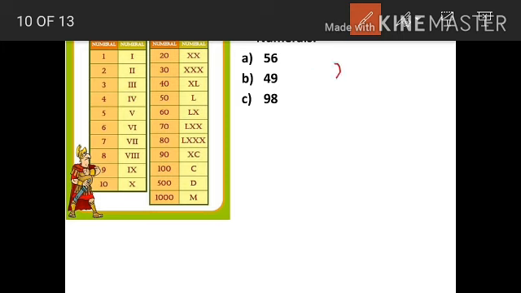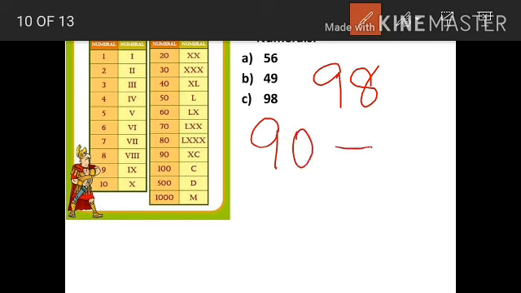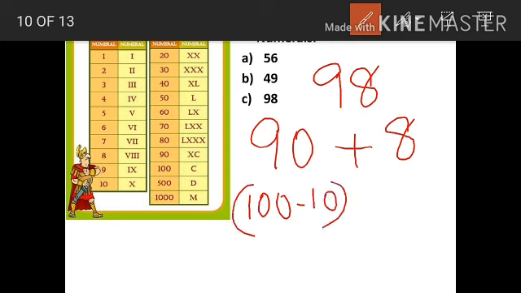Now what about the next one? It is 98. How can we write 98? It is written as 90 plus 8. How can we write 90? 90 means 100 minus 10. So, what about 100?